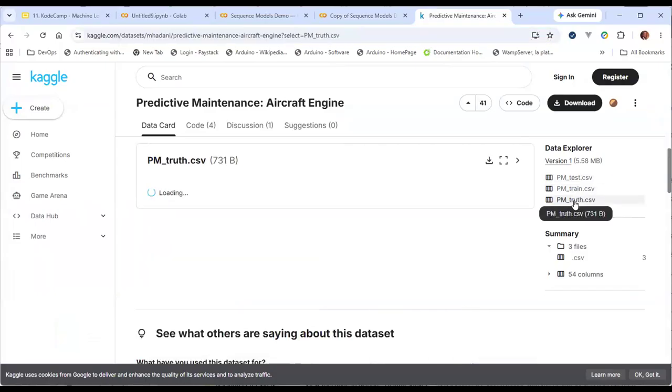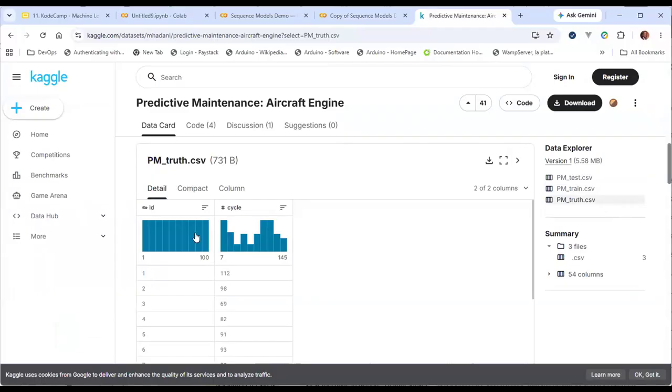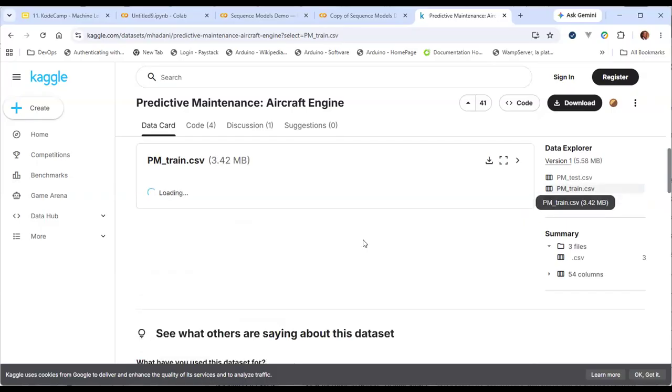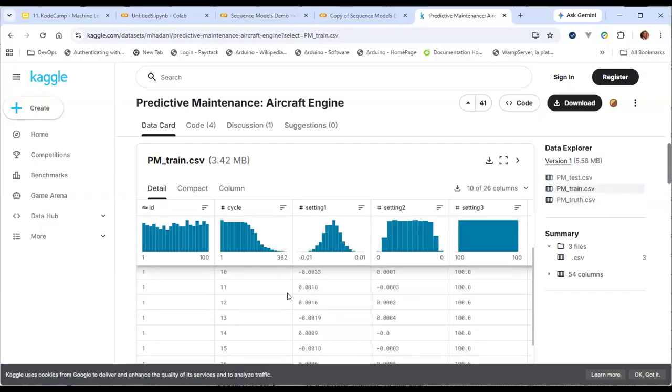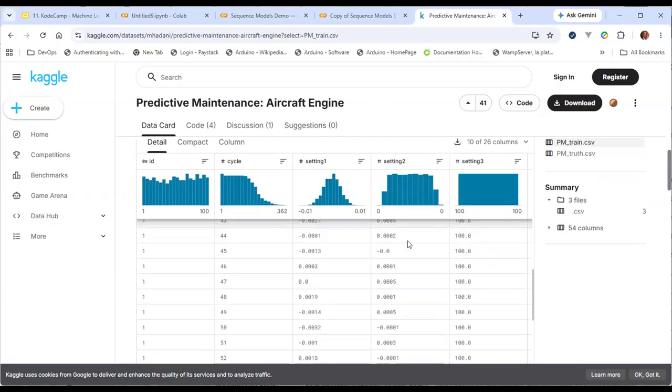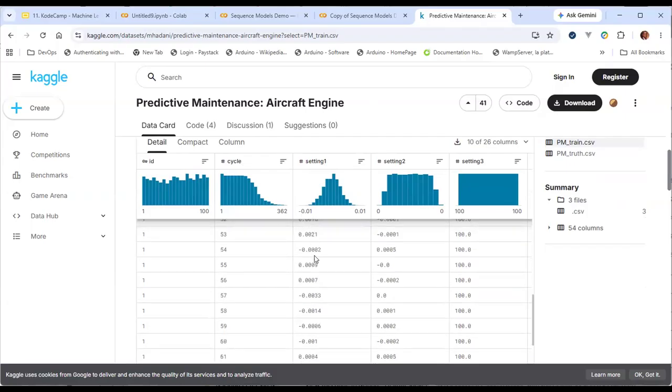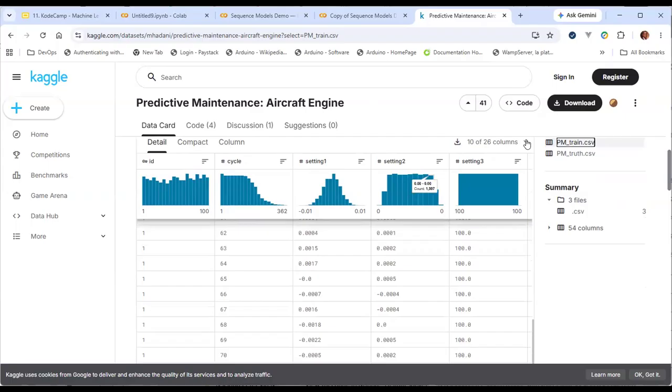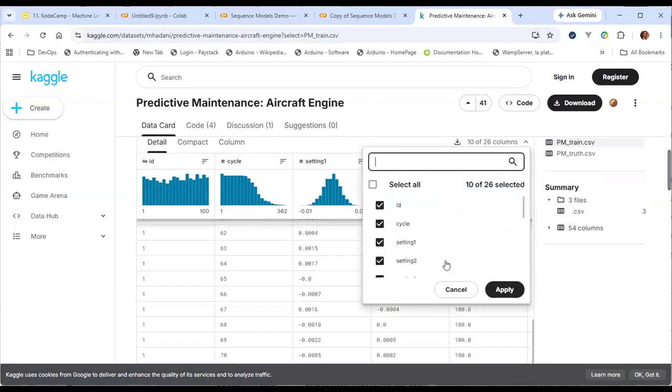Truth is the value that represents the number of days left, the remaining useful life. But I'm not going to do that. Rather, I'm going to use the train value and see if I can predict something in this sequence, which has 26 columns here. Let me select all.